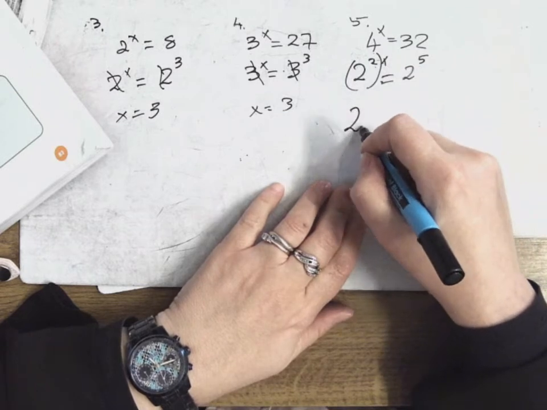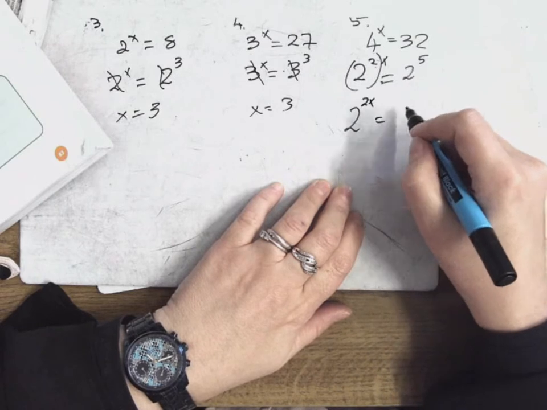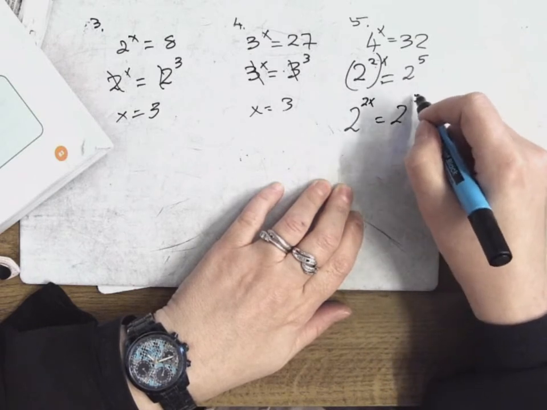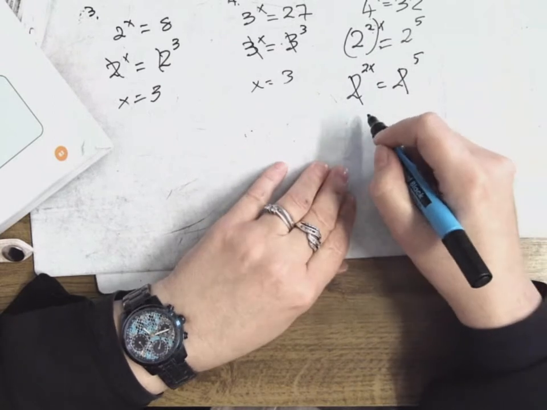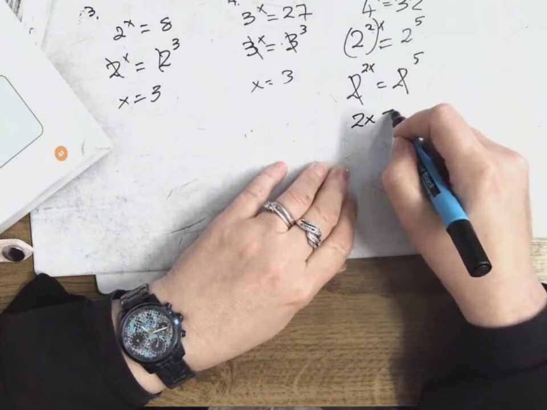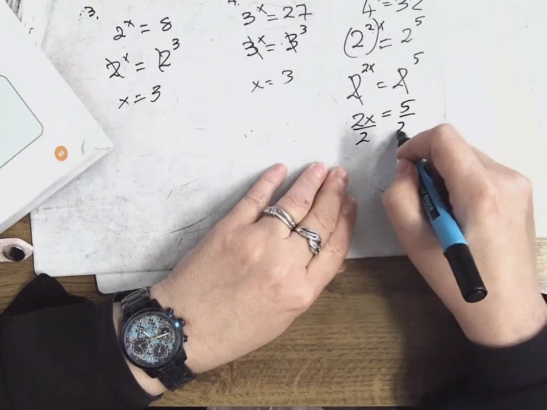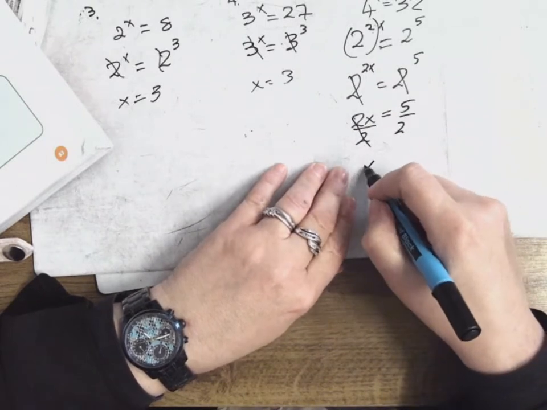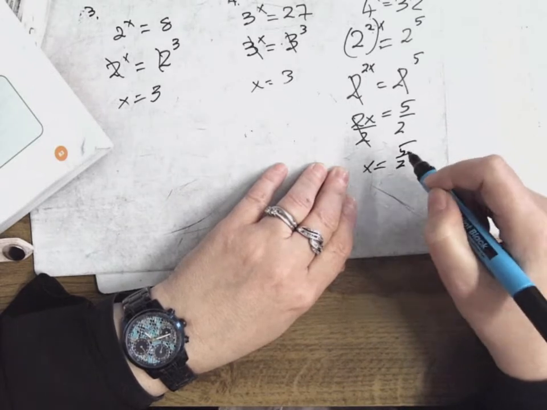So multiply 2 by x is just 2x equals 2 to the power of 5. Once you've one 2 to the power of equal to another 2 to the power of, knock them off, you get 2x is equal to 5, and then divide each side by 2, and you end up with x is equal to 5 over 2, which you can write as 2.5, or just leave it as a top level fraction.